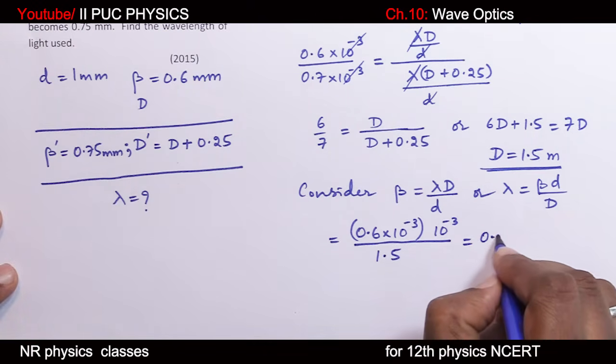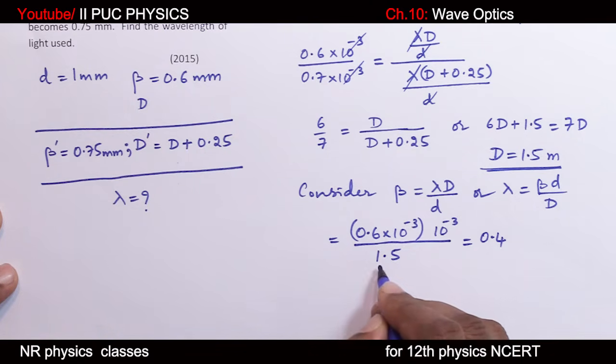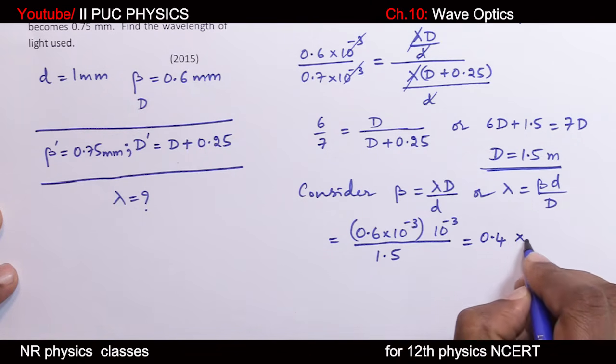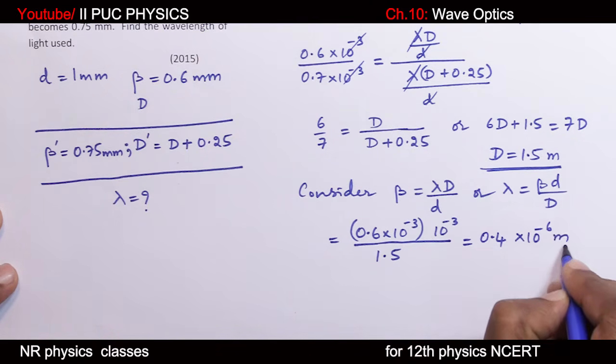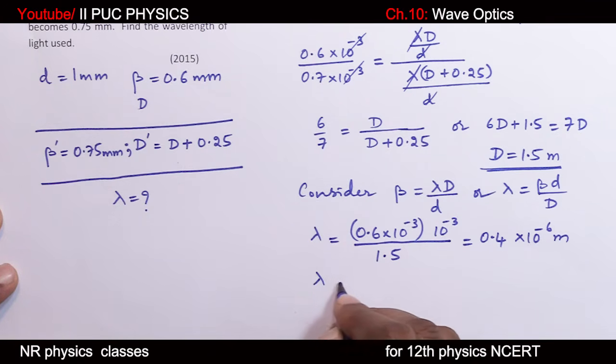So it is 0.4 × 10^-6 meter, or lambda equals 4000 angstrom.